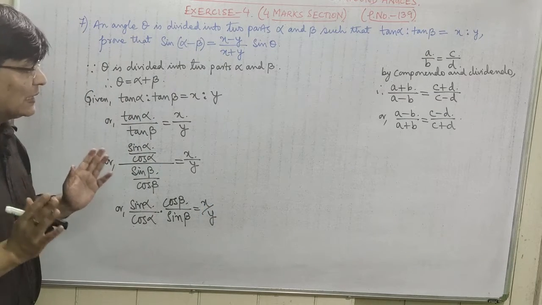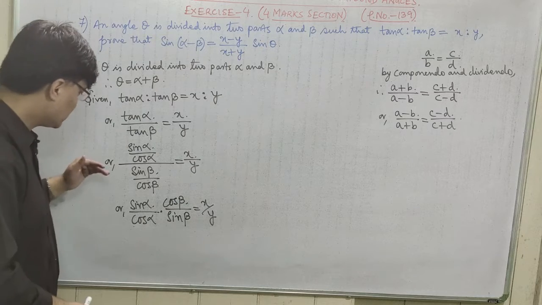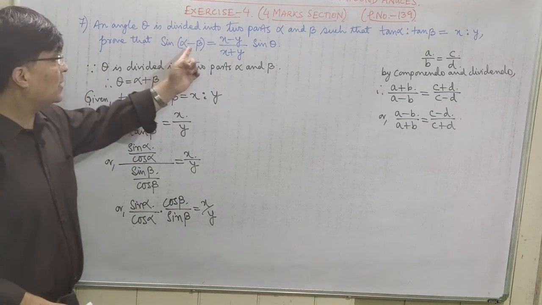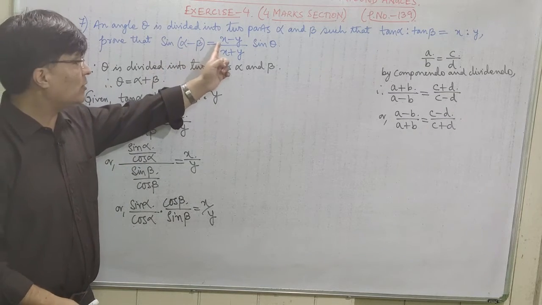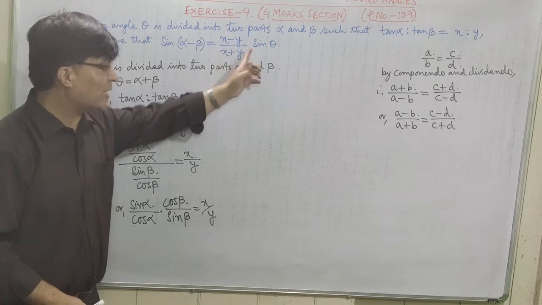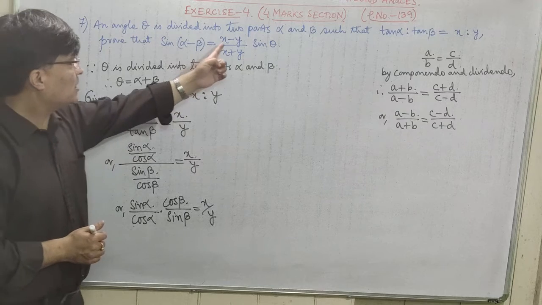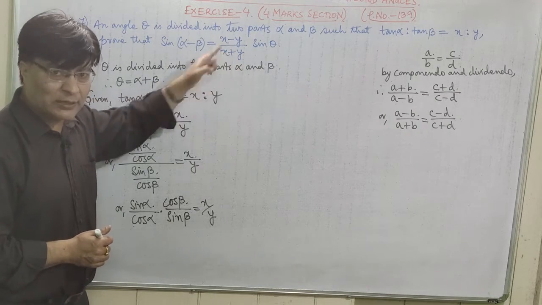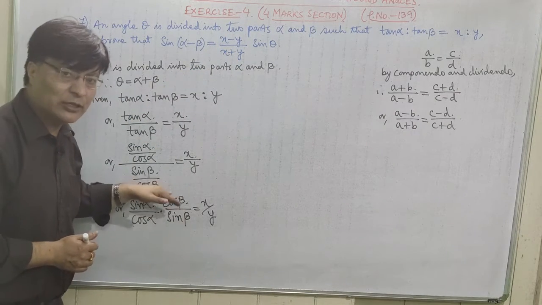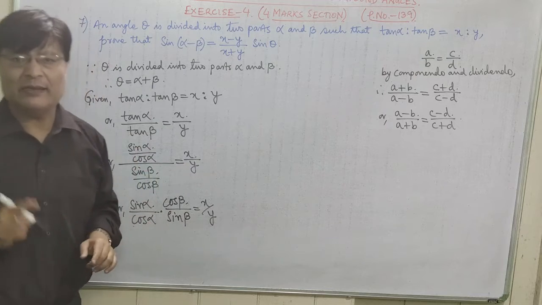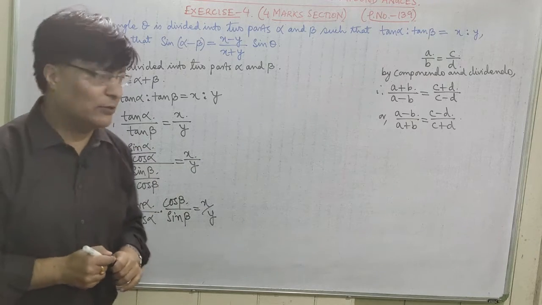Is that clear to all of you now? So now in order to prove this, sine of alpha minus beta is equal to x minus y upon x plus y into sine theta, from here you have to use componendo and dividendo. Since there is minus sign in the numerator, you write minus sign in the numerator after applying componendo and dividendo.